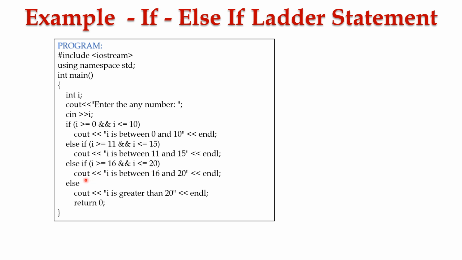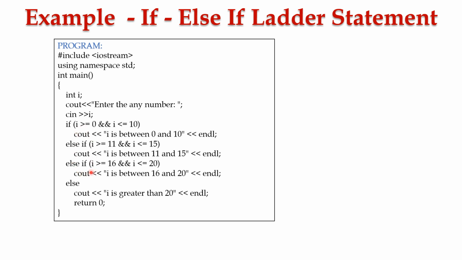If so, in the cout statement, "i is between 16 and 20" is displayed to the user. Finally, we have the else part here. In the else, we display that "i is greater than 20" using a cout statement to the user. This else part will be executed if none of the if conditions is satisfied.